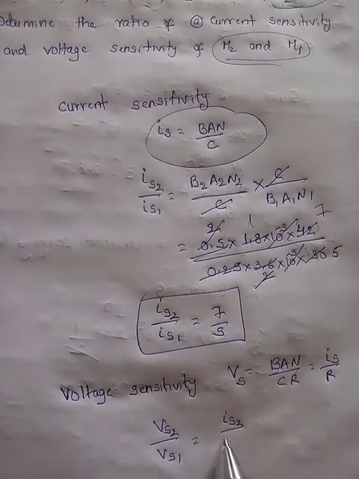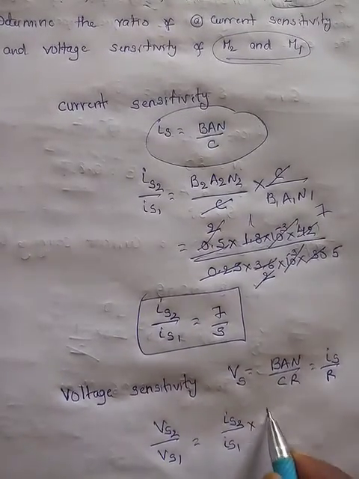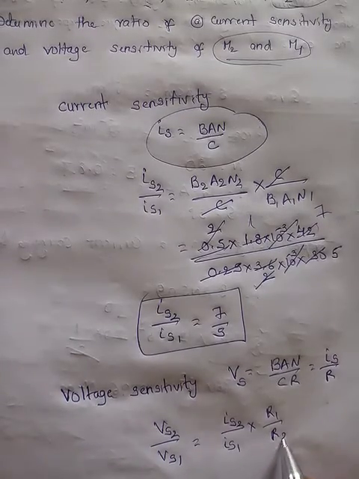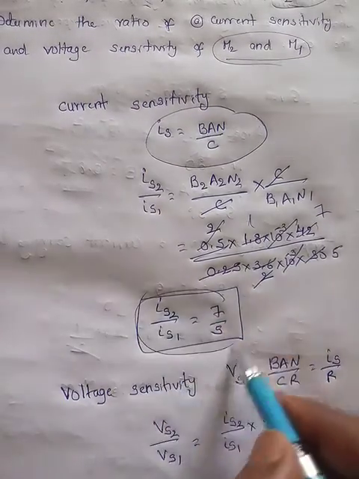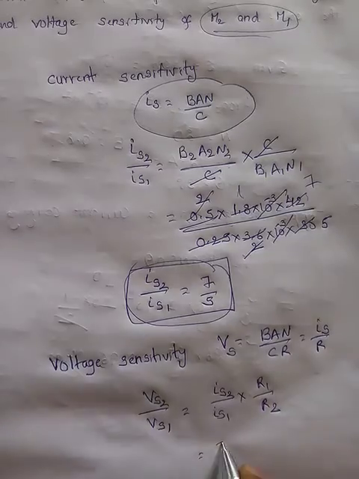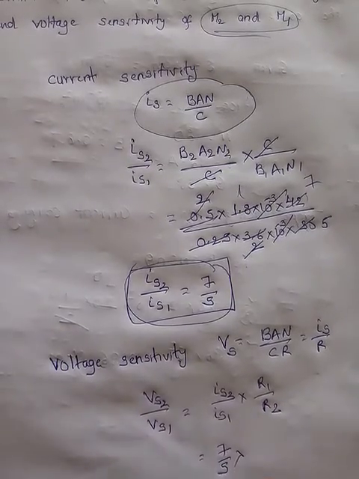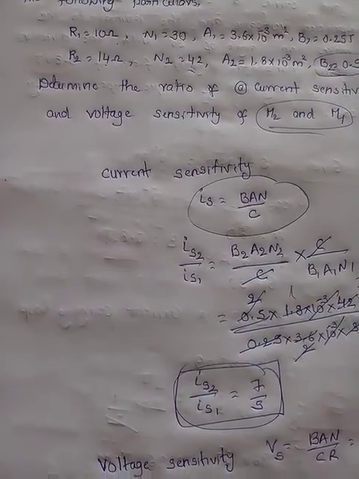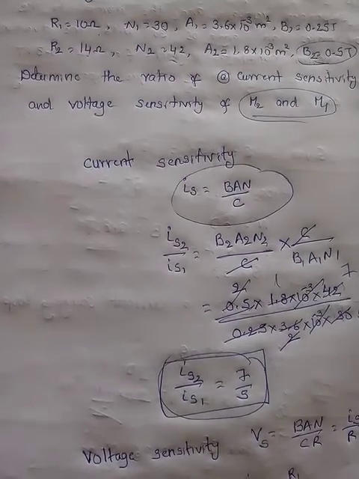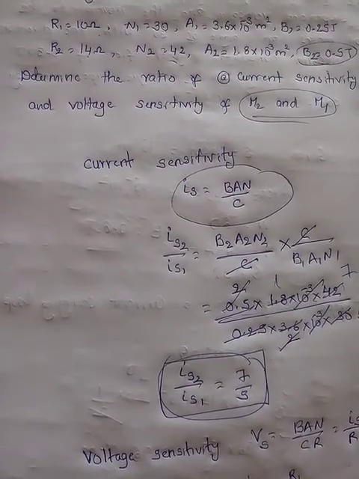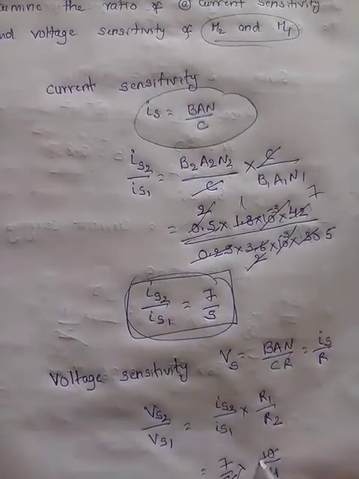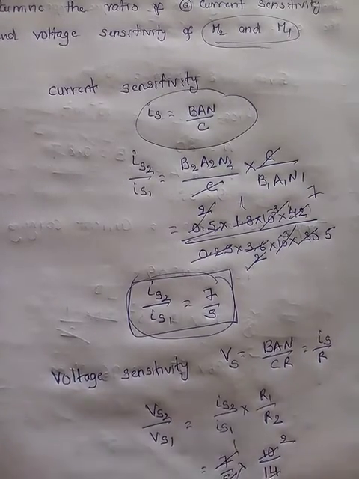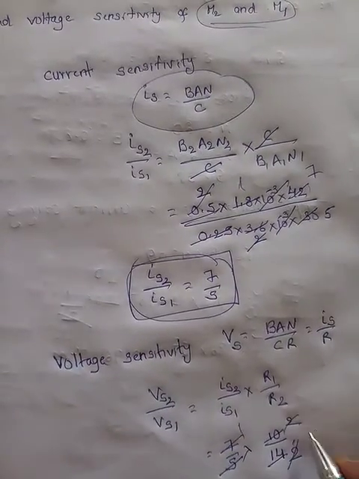IS2 by IS1 into reverse R1 by R2. Already we calculated IS2 by IS1, right? What is that? 7 by 5. R1, see the question, R1 is what? 10 ohms. R2 is what? 14. Cancel. 5 ones are 5, 5 twos are 10, 7 ones are 7, 7 twos are 14, the 2 cancels.